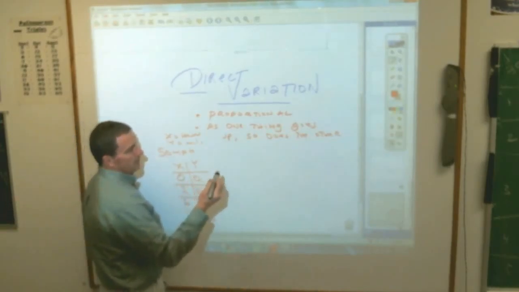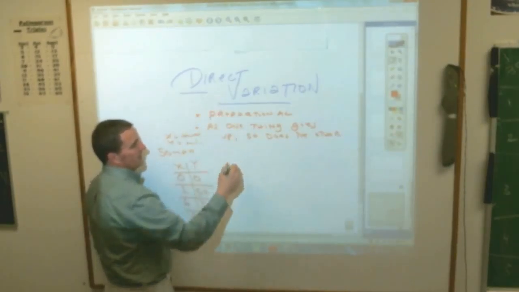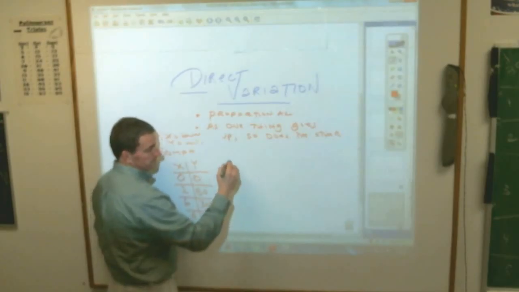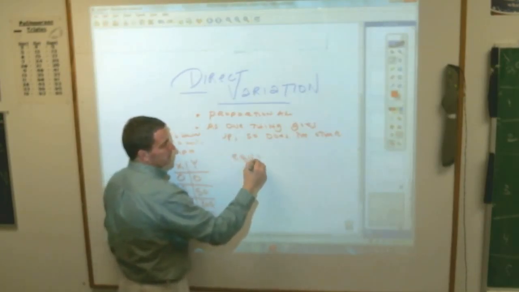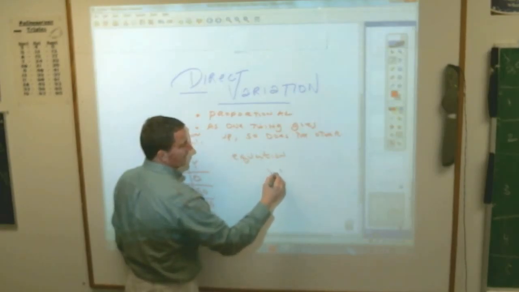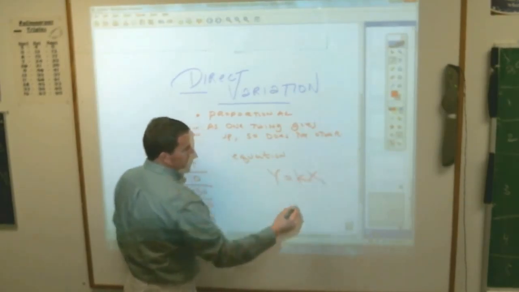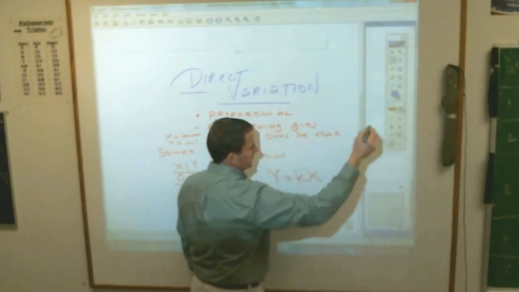And they write it out like this. If you want the direct variation equation, it looks like this: y equals k times x. Children, don't let all these goofy letters and numbers fool you.